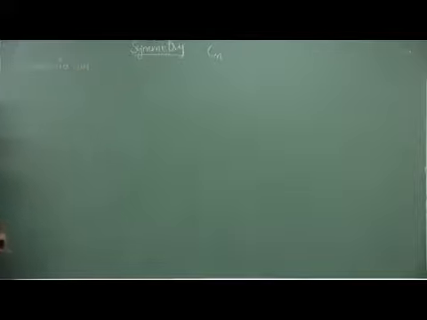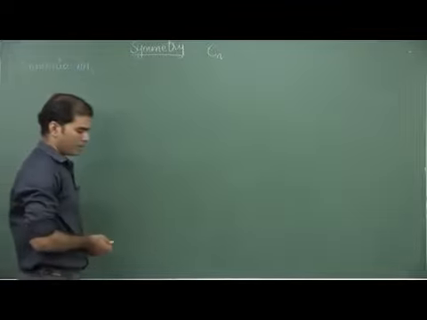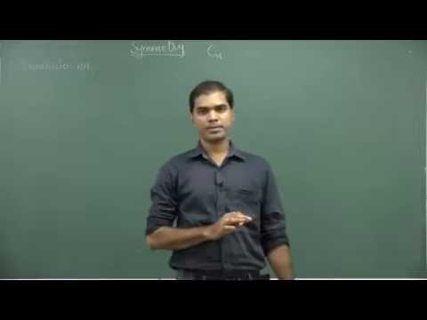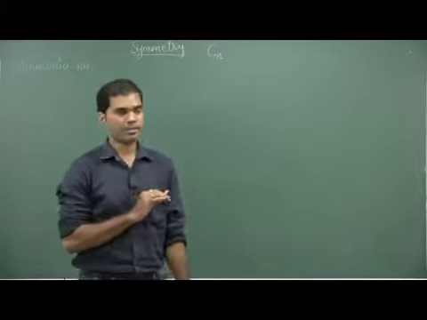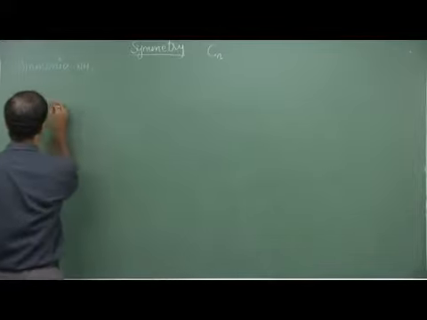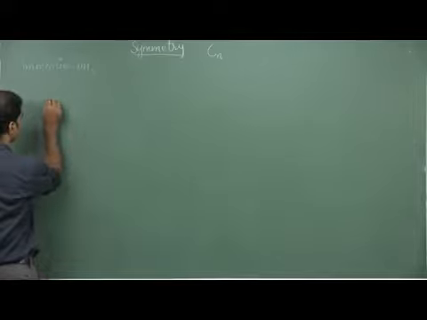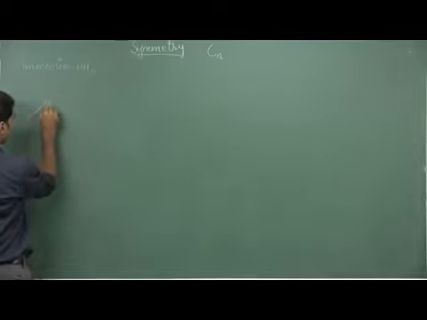Let us start with ammonia. Whenever we draw ammonia, for our convenience we can take one of the structures. So, usually when we put ammonia, this is how we can draw ammonia.